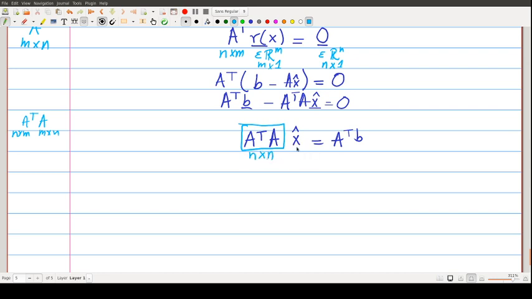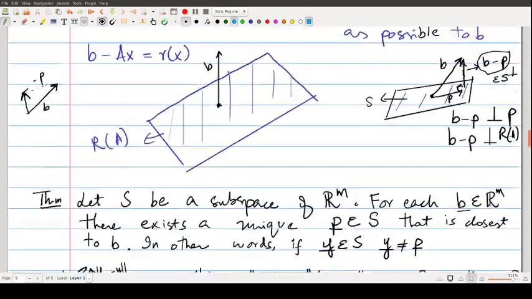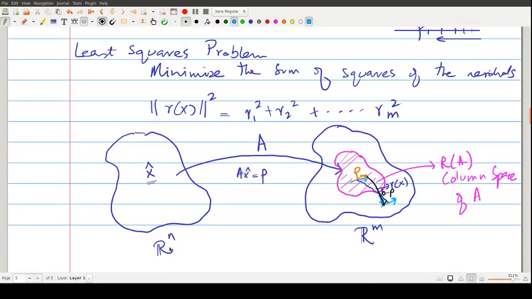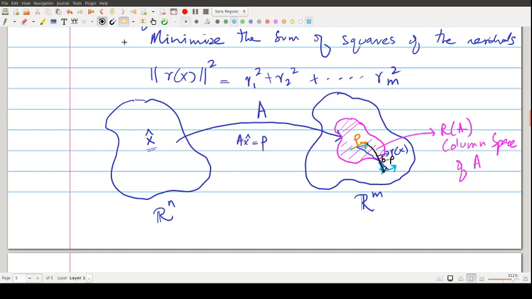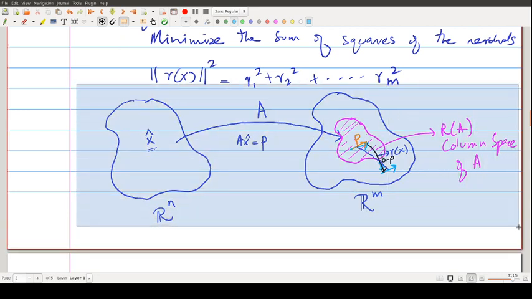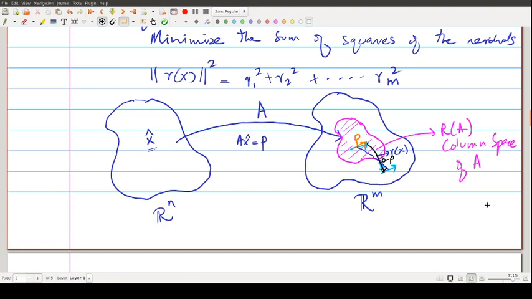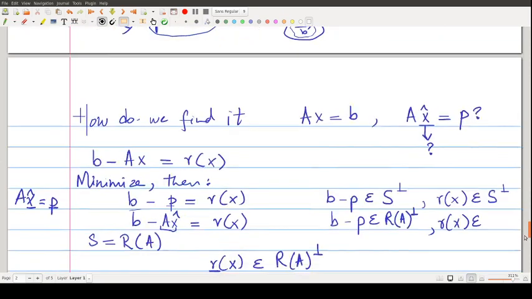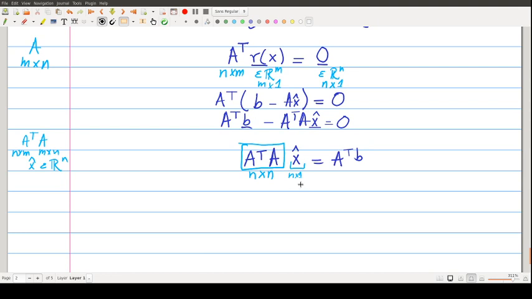I already know that x hat has to be in the n dimensional real space, so this equation does make sense, because this has to be n by 1. If you don't remember that, it's just coming from the fact that x hat was in this space, R^n. Okay, I keep coming back to this diagram. Let me just copy this and I will paste it every time I need it. So this has to be an n by 1 vector.